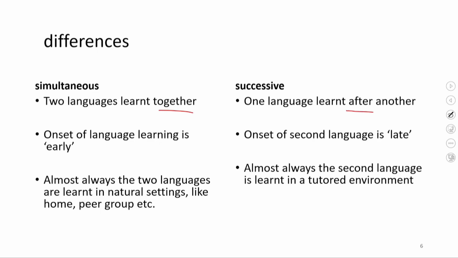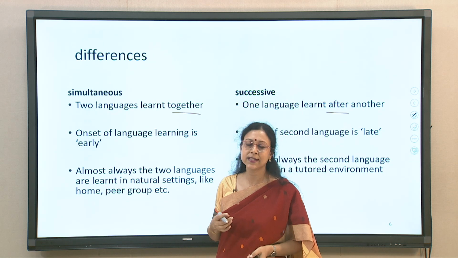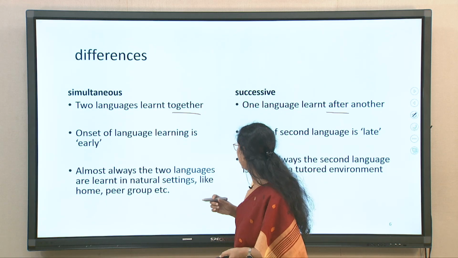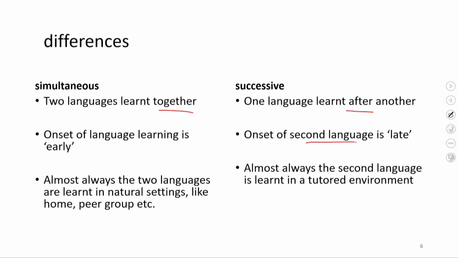The onset of language learning is early in simultaneous bilingualism, for whatever we are calling the other language, which is the first language. It has a name which we will see. But in successive bilingualism, the onset of the second language is a little late, that is why it is successive. And thirdly, almost always the two languages in simultaneous bilingualism are learnt in natural settings, like at home or in the peer group.